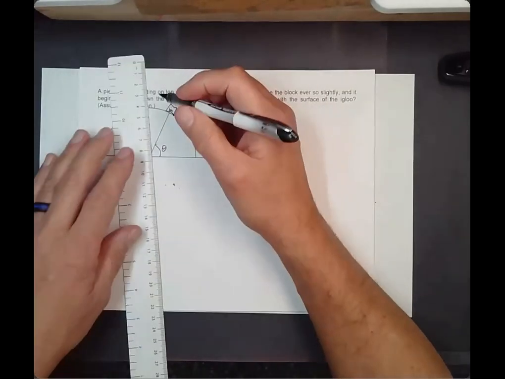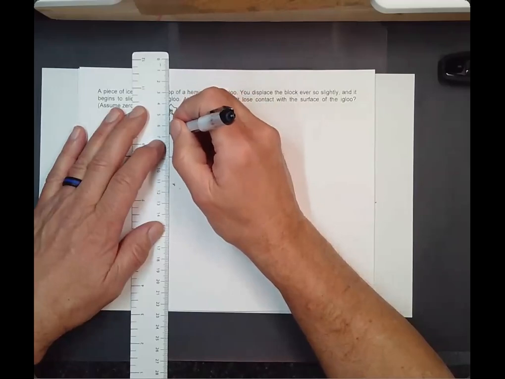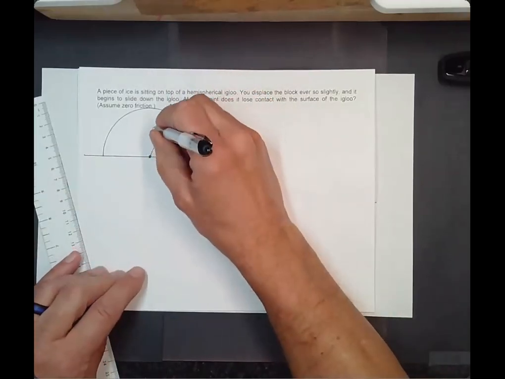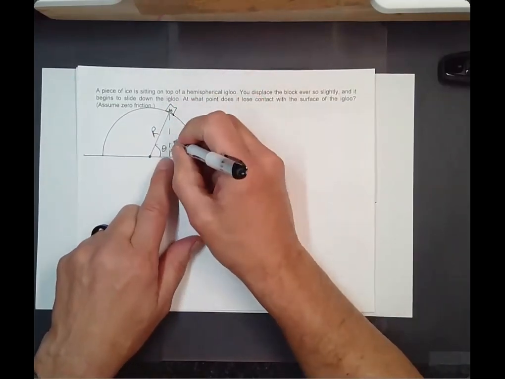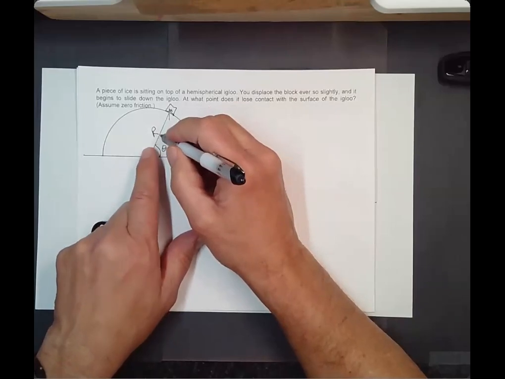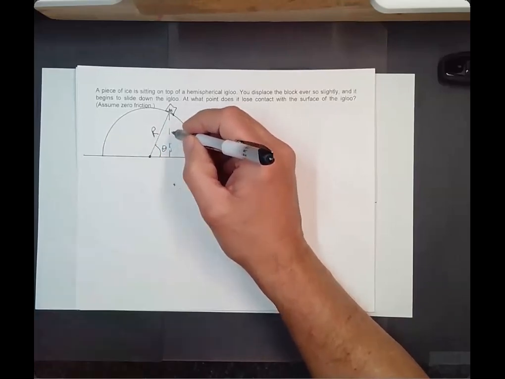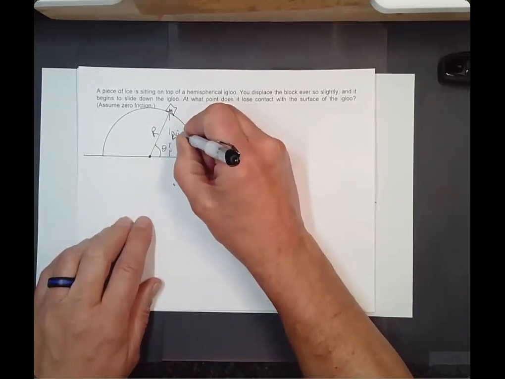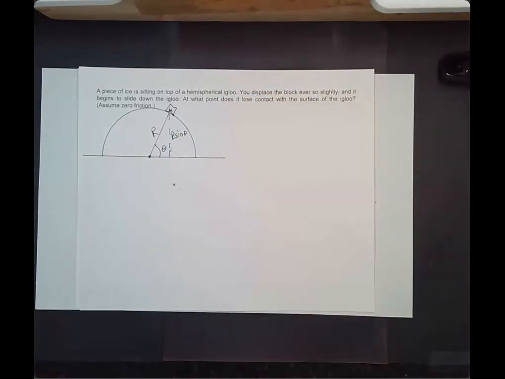Okay, and things we might have to think about are the height of that above the ground level. And if capital R is the radius of the igloo, then the height will be R sine of theta, because that'll be the height.